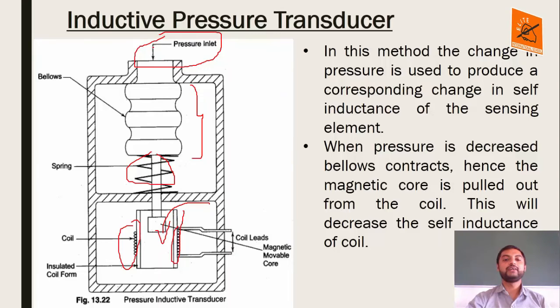Suppose I am giving high pressure over here. Because of that high pressure, these bellows will be expanded, and because of that this spring will get contracted. Now what happens?